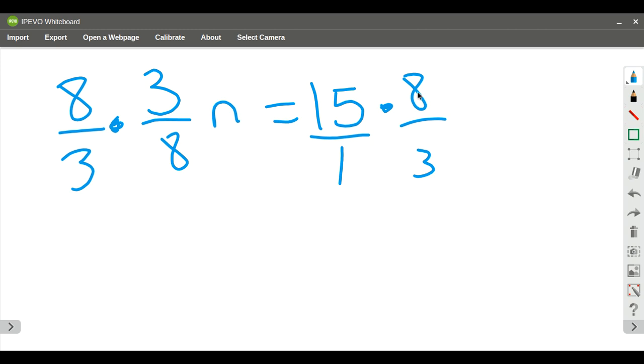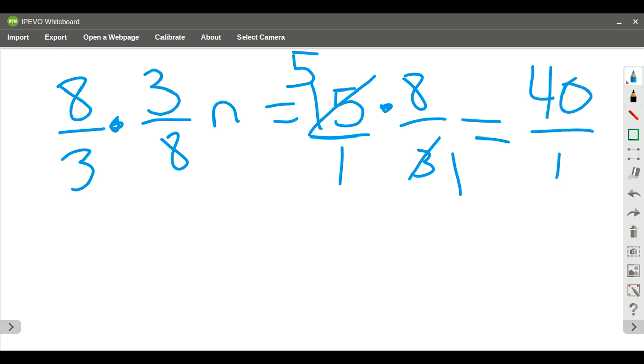So 8 and 1 are already simplified because I can't get any smaller than 1. 15 and 3, I can cross cancel because they share a common factor, which is 3. So this becomes a 1 and this becomes a 5. This became much easier to multiply. Now it's 5 times 8, which is 40 over 1, or n equals 40.